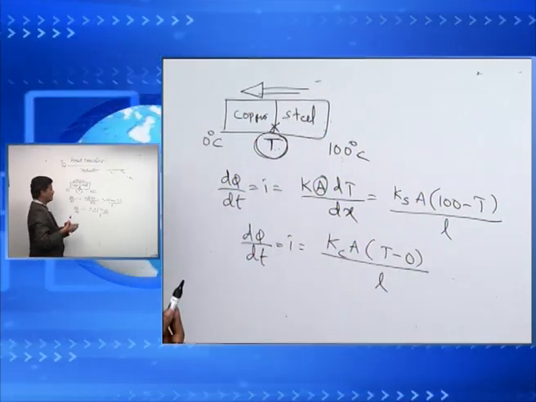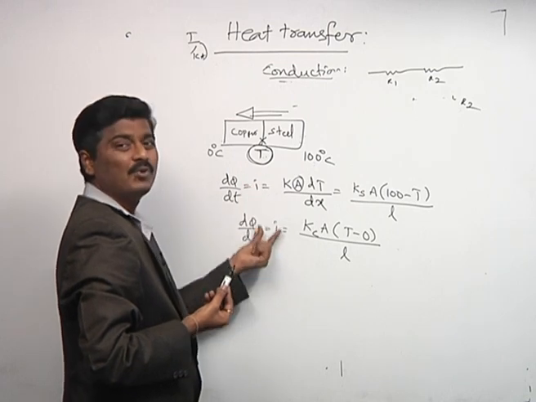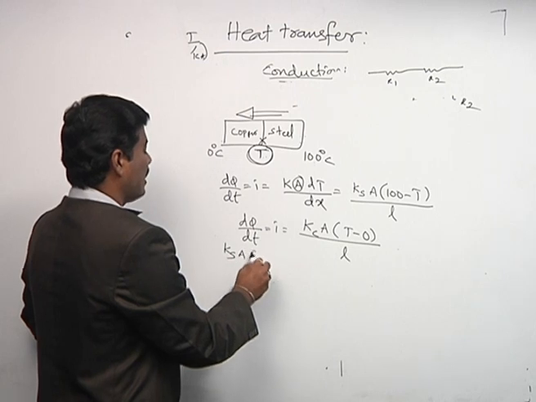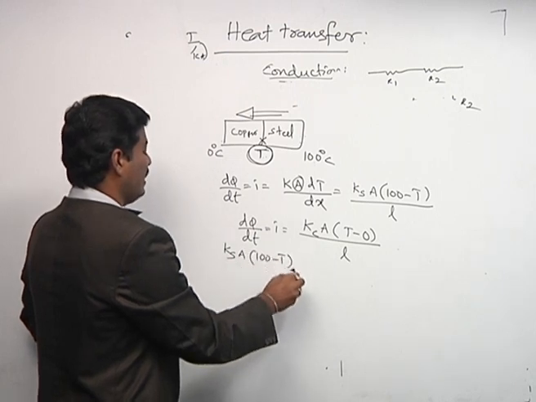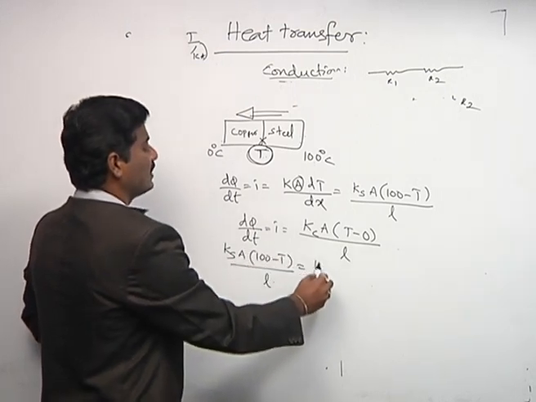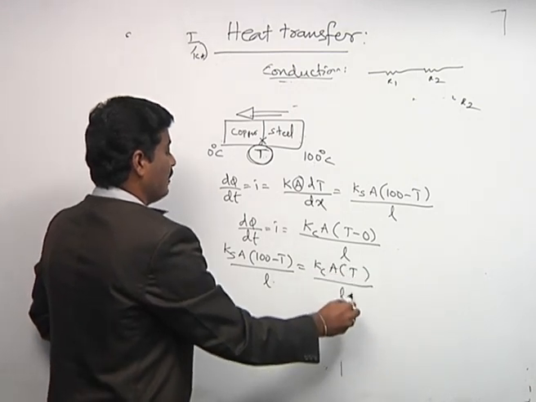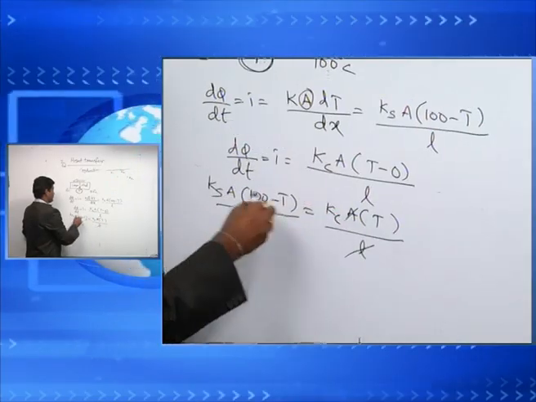After reaching the steady state, definitely this current and this current are the same. Hence, we can equate Ks A (100 minus T) by L equal to Kc A into (T minus 0), I am writing T again, by L. L gets cancelled, A gets cancelled.